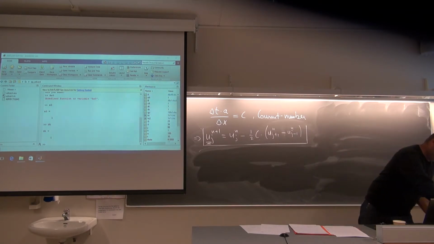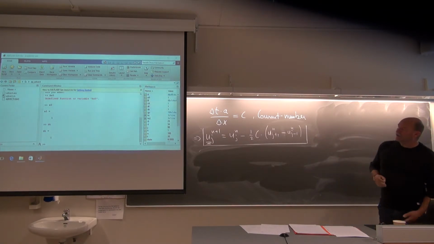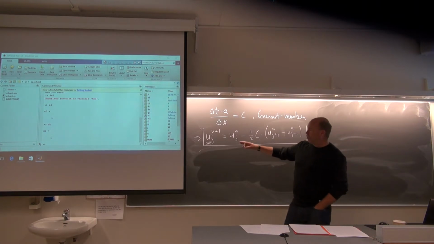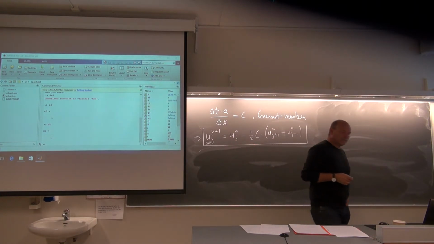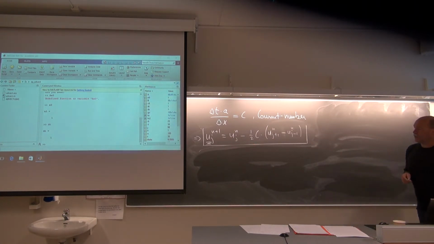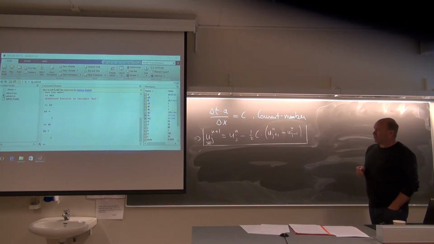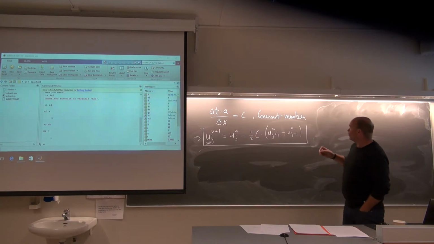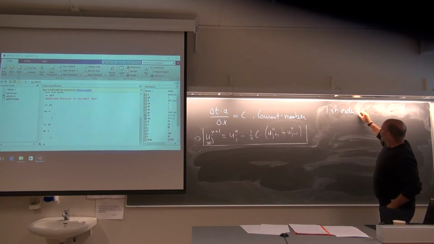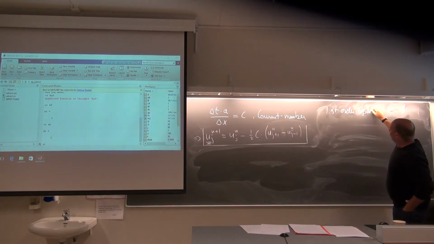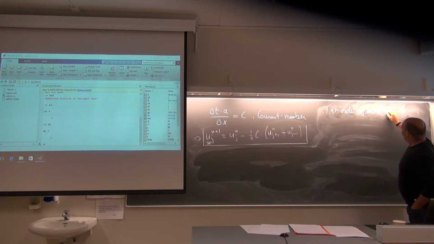This recipe here was from the forward time central space. One remedy is to use not central in space anymore. So now we are talking a first order upwind scheme.